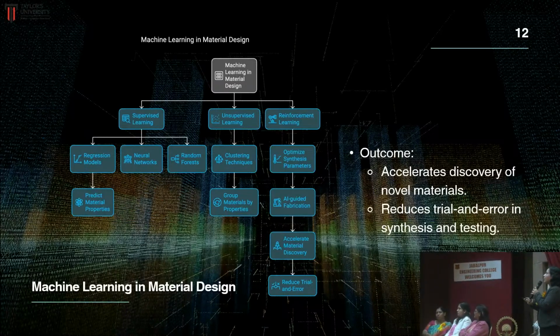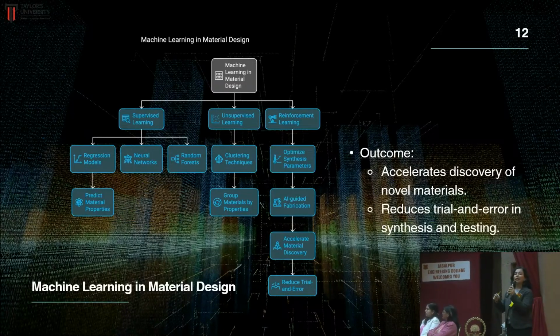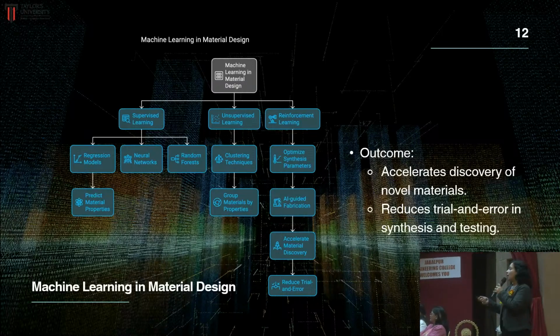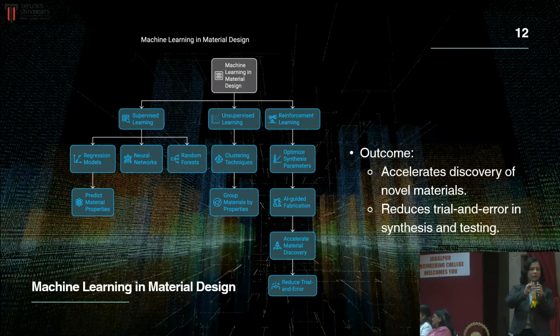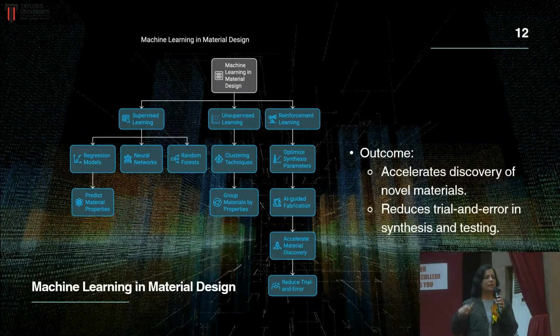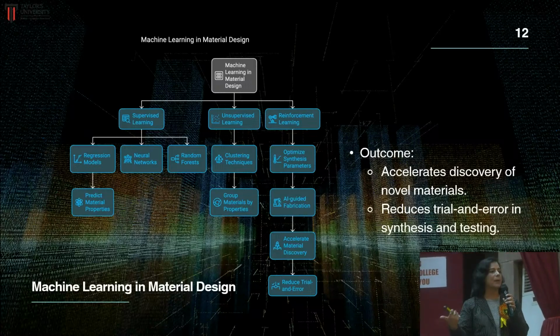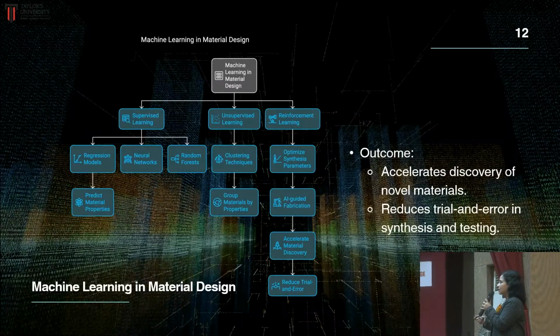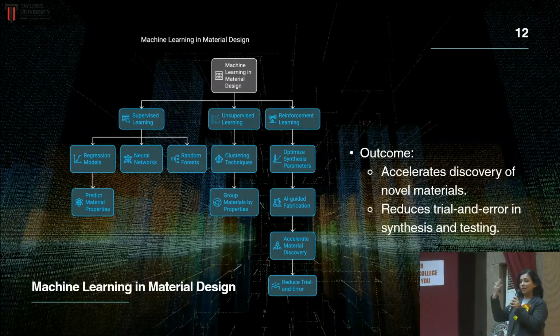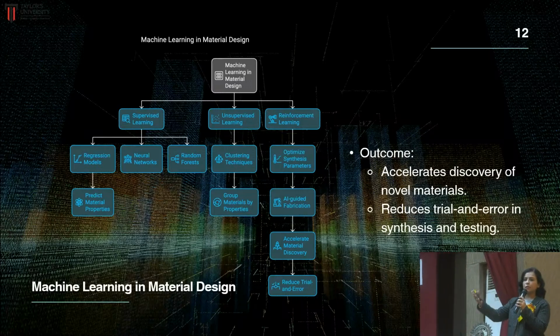Then unsupervised learning is, we are using the clustering techniques here. And this leads to grouping of the material by the properties. We can actually create groups of materials by identifying their respective properties. Then if we talk about reinforcement learning, it is used to optimize synthesis parameters. So we can actually optimize the various parameters which are there.